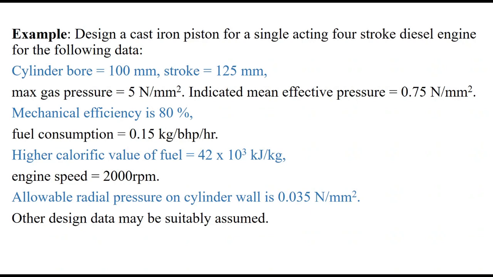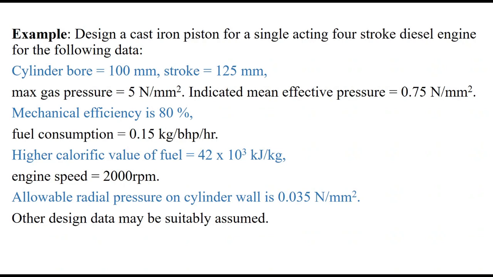But here in the question, it is given as higher calorific value. Again, we have to take care of the units: 42 into 1000 kilojoule per kg. Sometimes this data is given in kilojoule per liter, and in that case your value will change. So you have to take care of this.